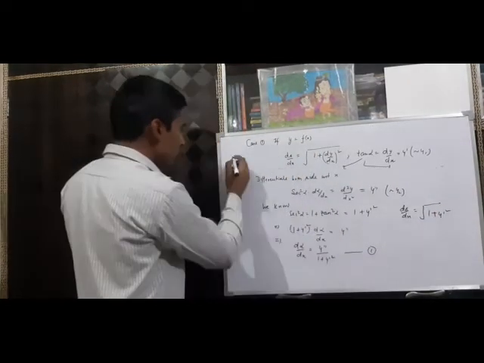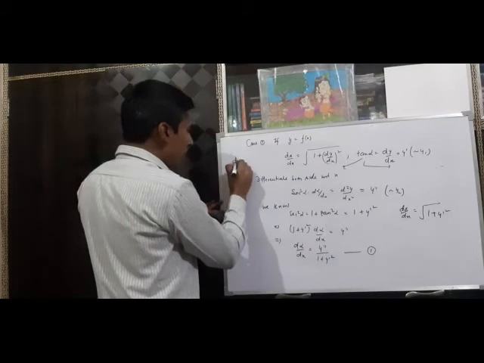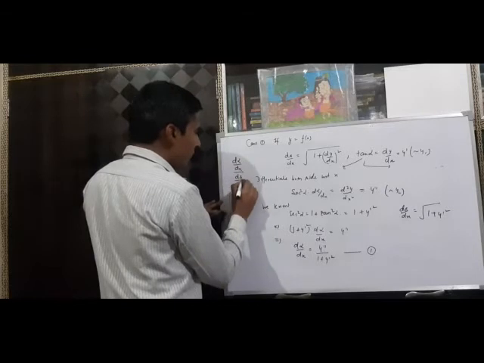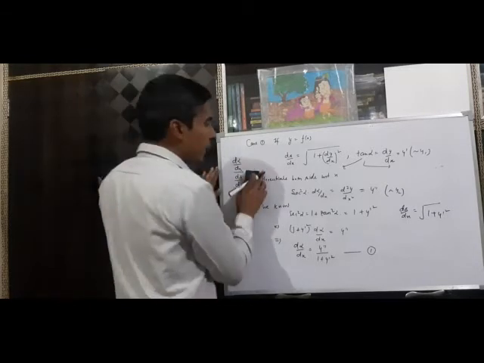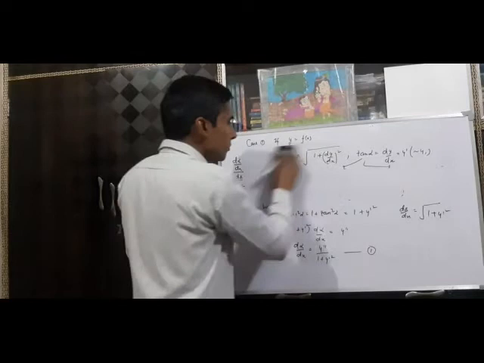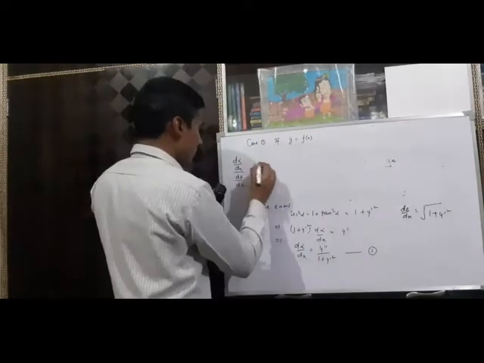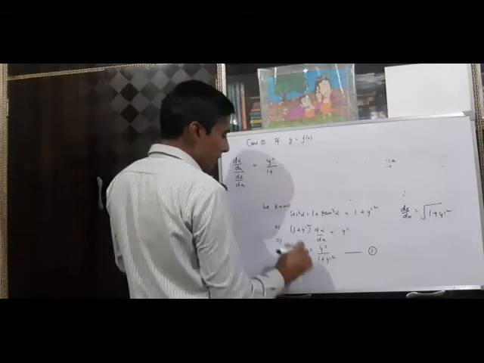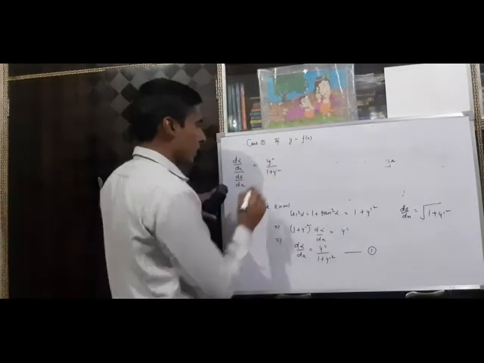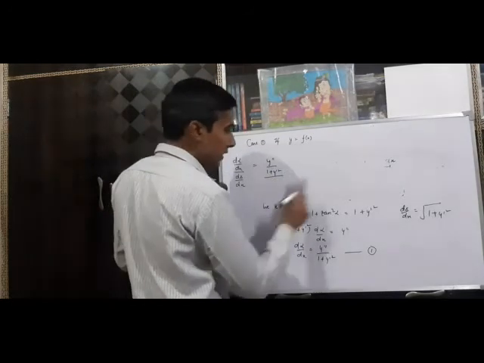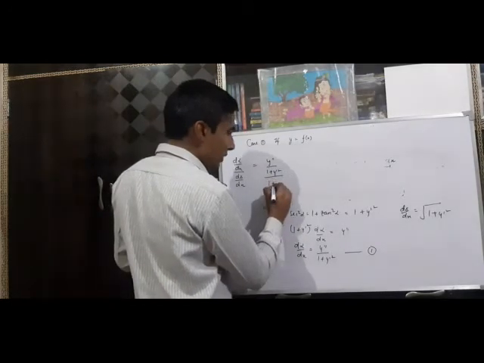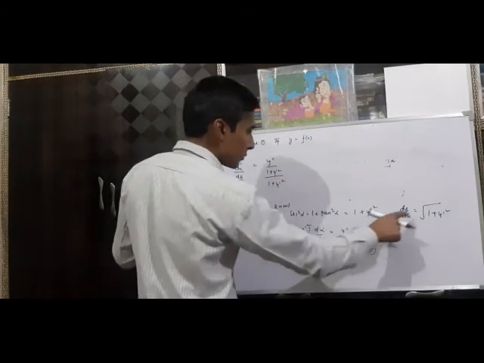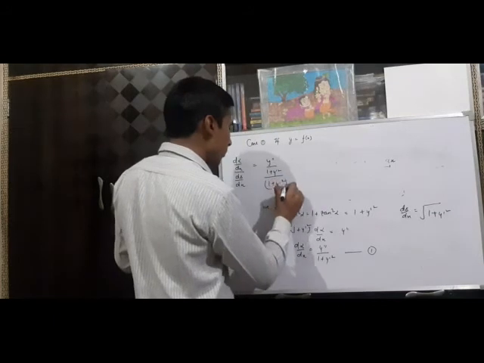So from this we conclude that d alpha by dx upon ds by dx, where d alpha by dx is y double prime upon 1 plus y prime whole square, and ds by dx is 1 plus y prime square to the power 1 by 2.